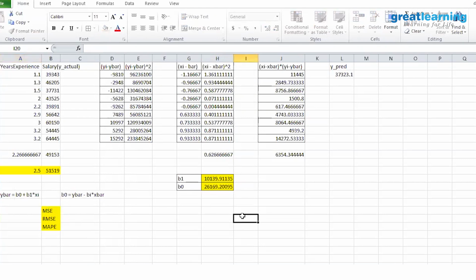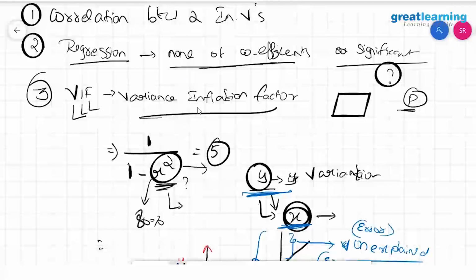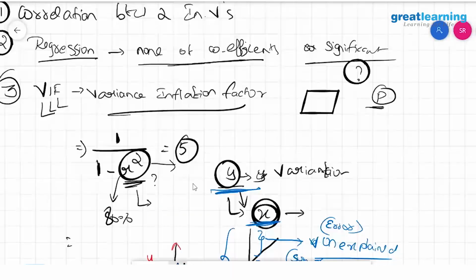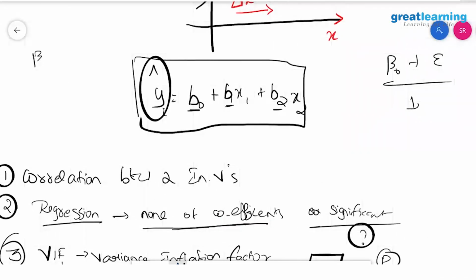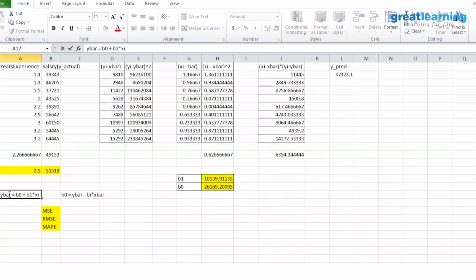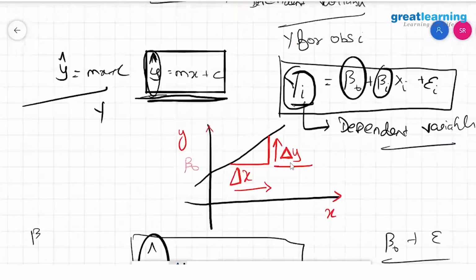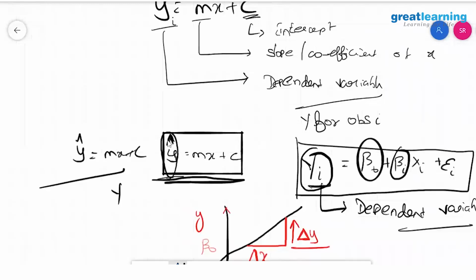See, the formula I have written is y cap. Since I was not able to mention it as y cap, I put it as y bar. This is actually y cap. If I go back here, it is y cap. I wanted to represent it as y cap, but by mistake I put it as y bar.